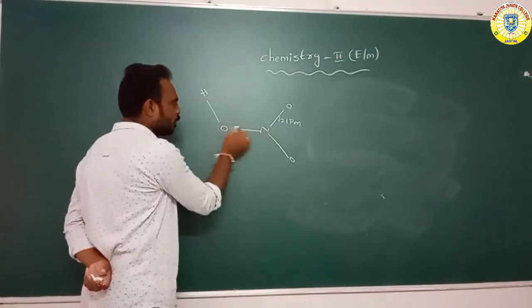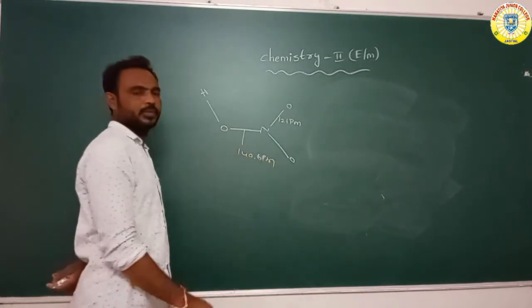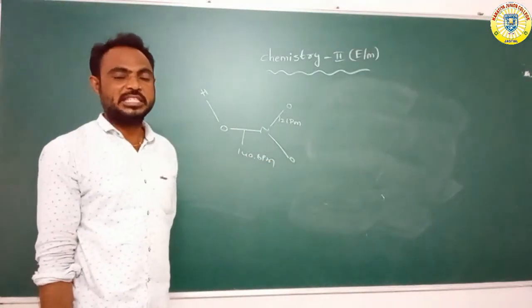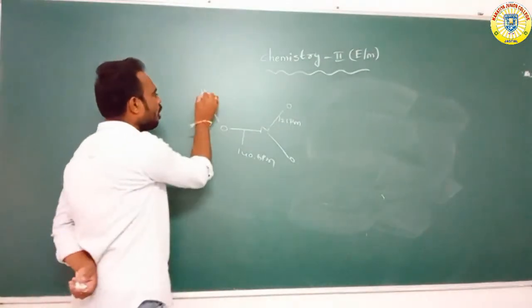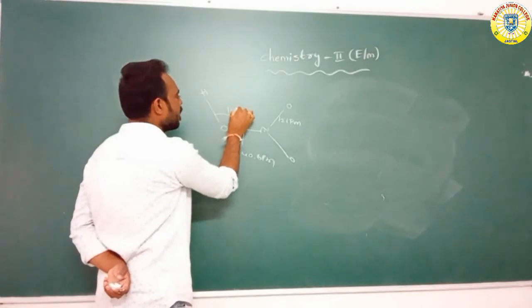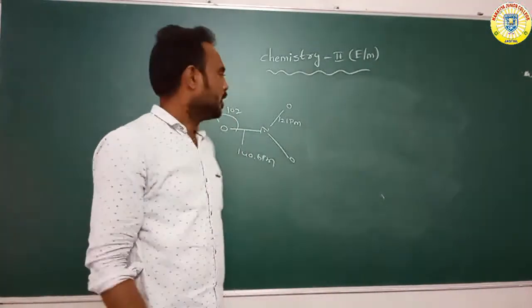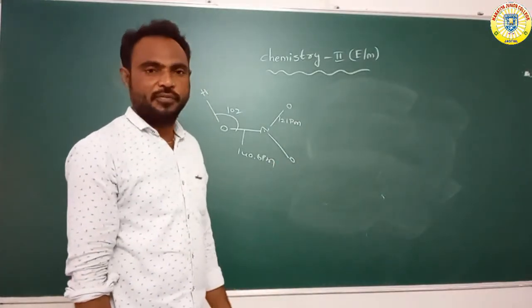Between the N and the OH oxygen, the bond length is 140.6 picometers. The H-O-N bond angle is 102 degrees. So that is the structure of HNO3.